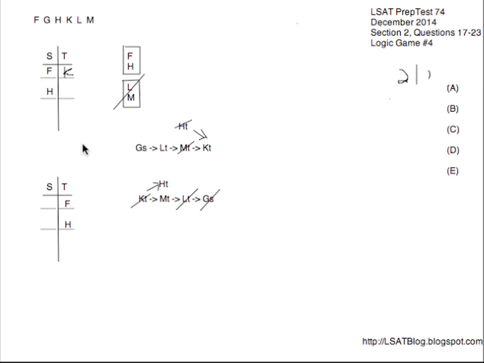So if we had just these 4, that means K is not going to T, so we'd have to have H and M on T. There's no room to have M on T here because we only have 2 things. So for that reason, this bottom diagram isn't going to work, and we're left specifically with the top one.